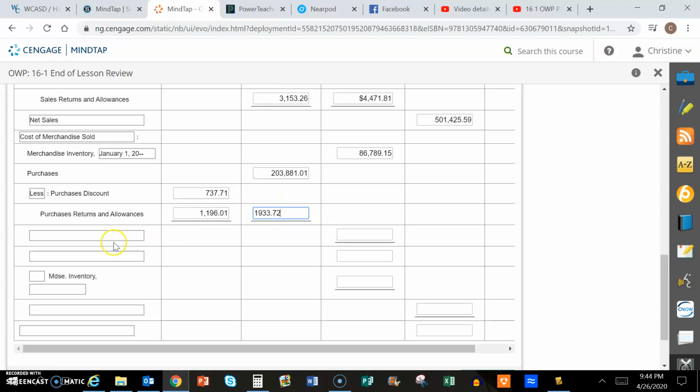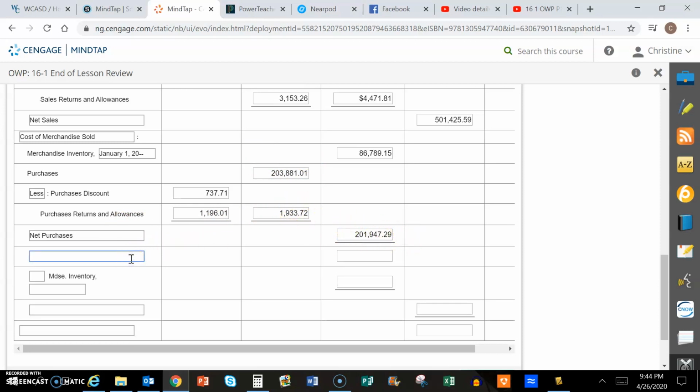So your net purchases is 201,947.29. And again, what we did there was we took the purchases minus the returns and allowances and any discounts. And that gets our net purchases here.